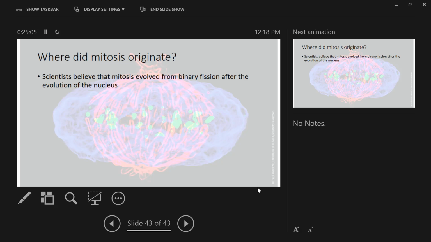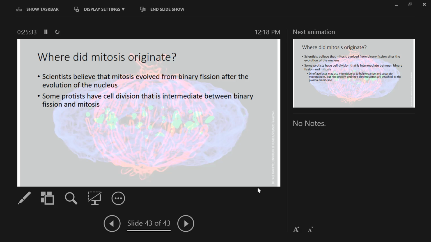The idea here is that mitosis evolved from binary fission as a requirement after the development of the nucleus. One of the first differences you pointed out between binary fission and mitosis and cytokinesis is no nucleus. So after the nucleus, you now have a requirement to do things a little bit differently.